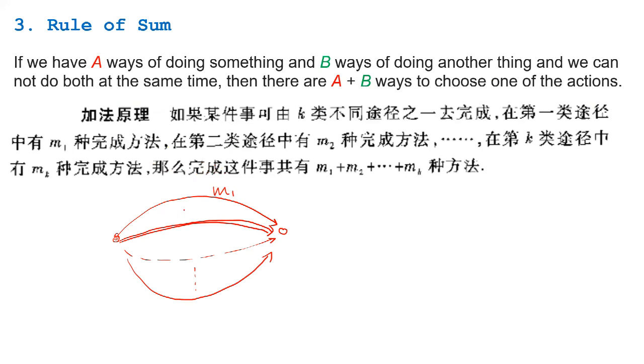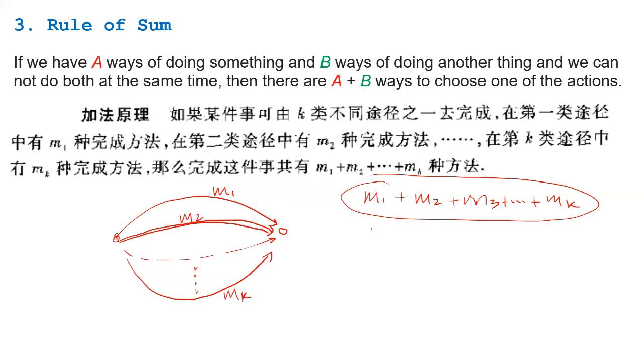In the second route, we have m2 different ways. And in the kth route, we have mk different ways. So in total, how many different ways we can finish this task? Of course, we can just add these numbers up, right? So there are m1 plus m2 plus m3 and plus mk. This is the total number of ways we can complete the task.